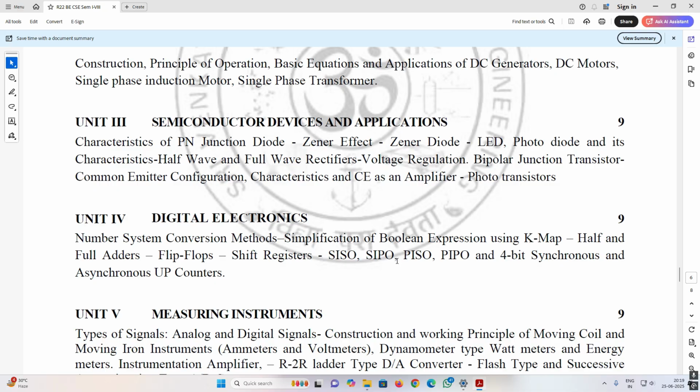SISO, serial in, serial out. SIPO, serial in, parallel out. PIPO is parallel in, parallel out. PISO, parallel in, serial out. And we will also study 4-bit synchronous and asynchronous up counters.